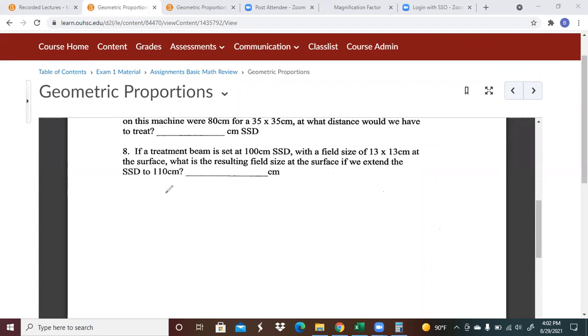Let's see. All right, so we got a field size of 13 at 100. So the question is, what's the resulting field size at 110? So we get X is equal to 110 over 100 times 13. What does that turn out to equal?